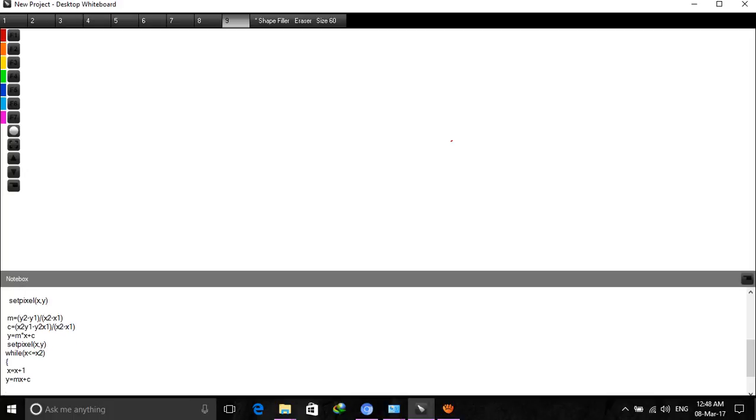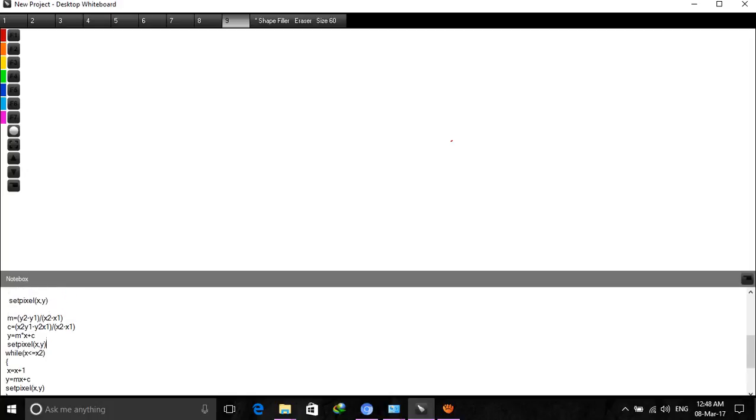Now m is constant here, c is constant here, and we calculated m and c above. So now you can use set pixel (x, y) in order to set that pixel. Then the while loop ends, and the algorithm also ends.